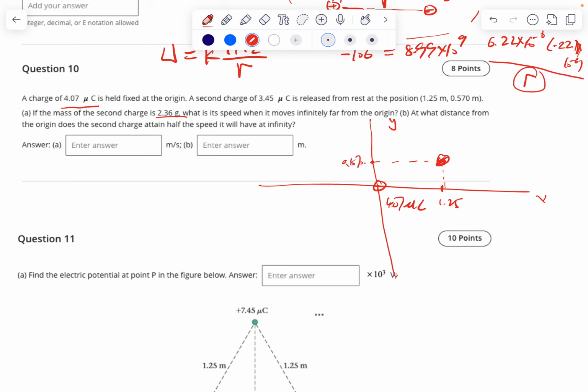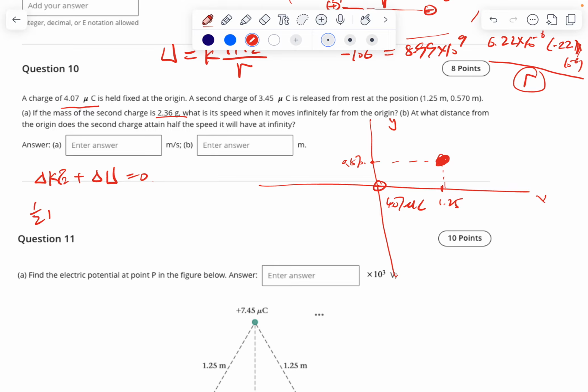All right, for this kind of problem we use energy conservation. We use delta KE plus delta U equal to 0. You release the charge from here, and release means initial velocity equals 0.